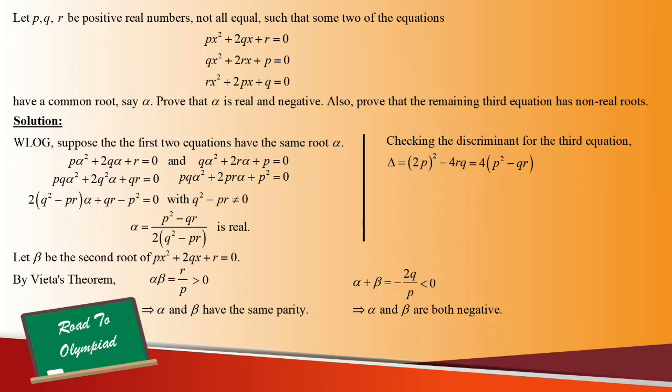Notice that since alpha is real, the first equation must have real roots, in particular, two distinct real roots, and thus its discriminant, which is 4 times (q squared minus pr), must be positive. Combining with the fact that alpha is negative, we must have p squared minus qr negative, which concludes our second proof. And this marks the end of our solution.